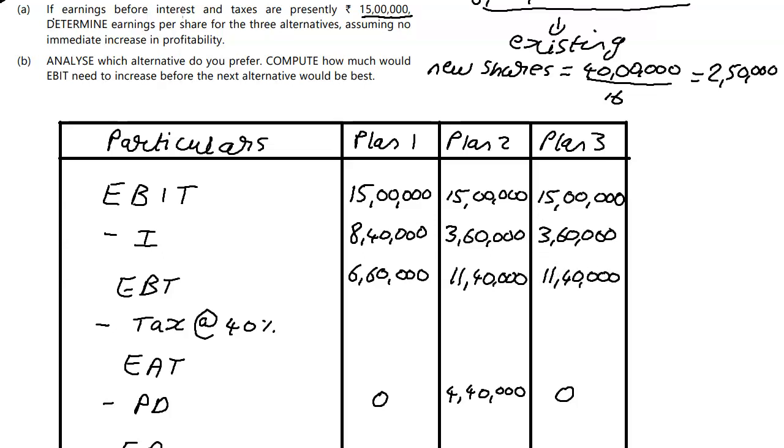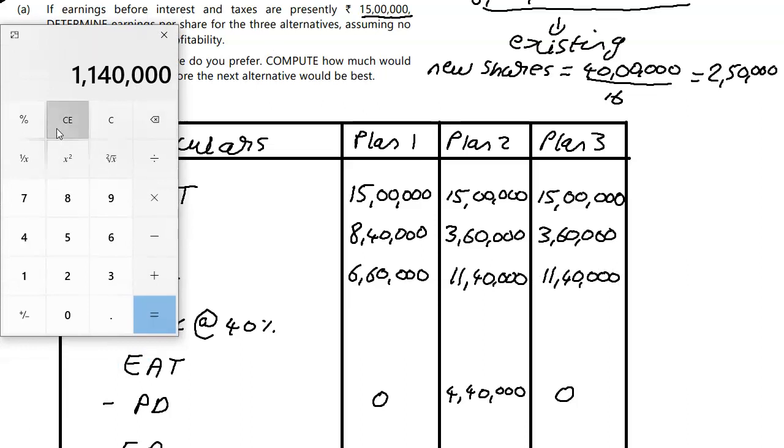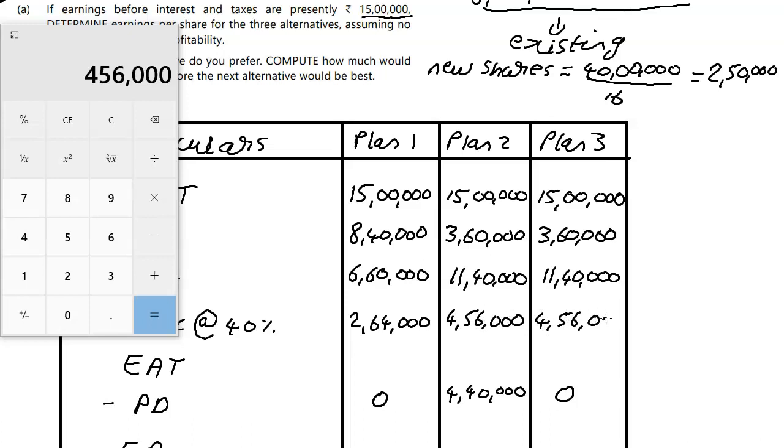Our next step is to calculate tax. So 6,60,000 into 40% gives us 2,64,000. Then 11,40,000 into 0.4 gives us 4,56,000, which we shall put in both the spots.